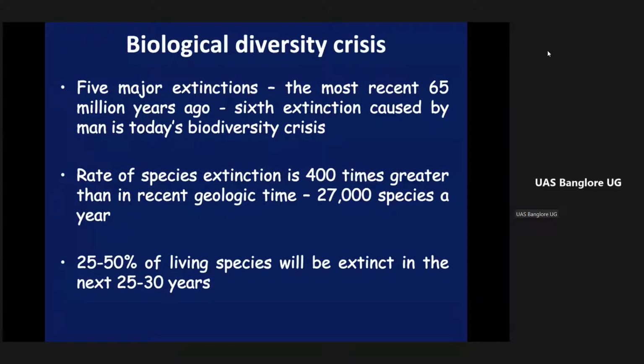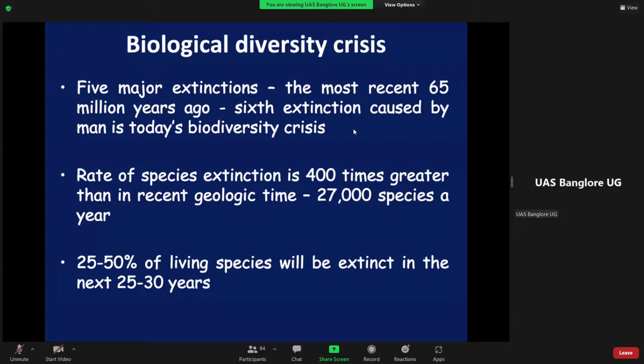What I want to tell is why taxonomy is important and why you want to know the classification of insects. If you look at the 5 major extinctions, the most recent was somewhere around 65 million years ago. The fifth was the recent one, 65 million years ago.